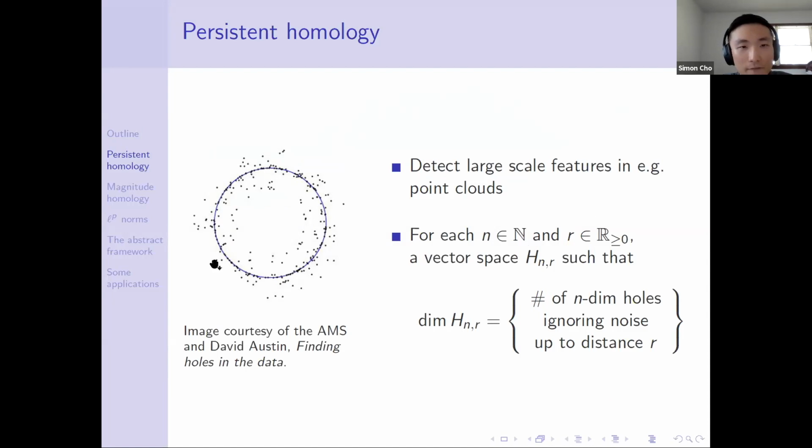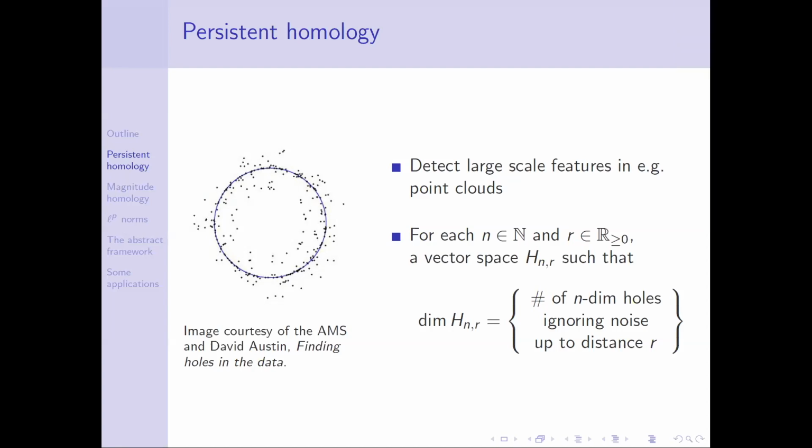You have this circle going through the data, and it detects large scale features by ignoring small scale noise. The machinery produces, for each choice of natural number n and non-negative real number r, a vector space whose dimension is the number of n-dimensional holes at that length scale, ignoring stuff that occurs at distance below r.